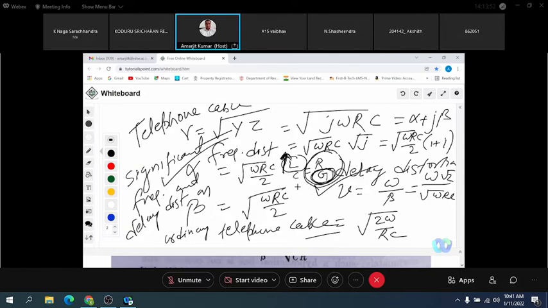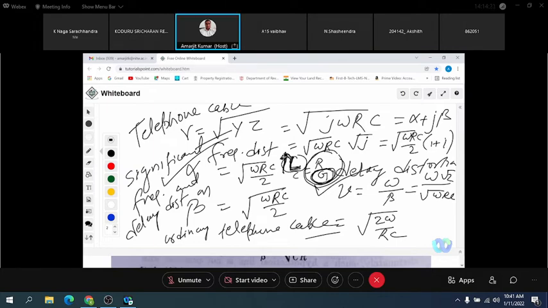But here R plus j omega L we have also neglected for the audio range of frequency. But to achieve the distortionless condition, we need to increase the value of inductance.